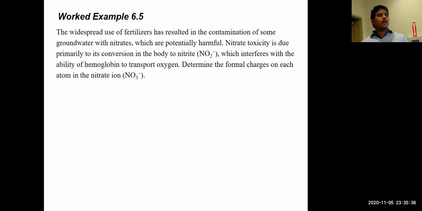Before that, I have the answer here, but I want you to pause the video and draw the Lewis structure of NO3 minus on your own. Then we can work on identifying the formal charges. I always ask my students to draw the structures they come across.